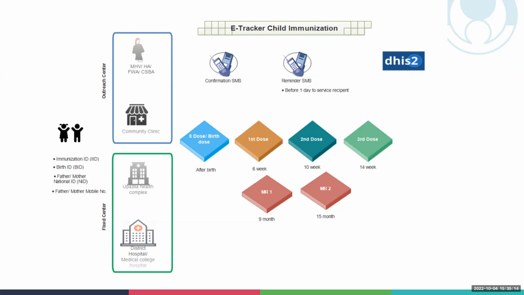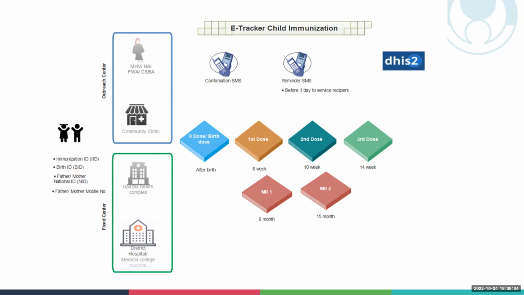Health workers in the fixed centers and the community health workers in the Upazila health complexes both register the children in the DHIS2 E-tracker. Soon after registration, a confirmation SMS is sent to the mothers or caregivers whose mobile numbers are recorded in the system.